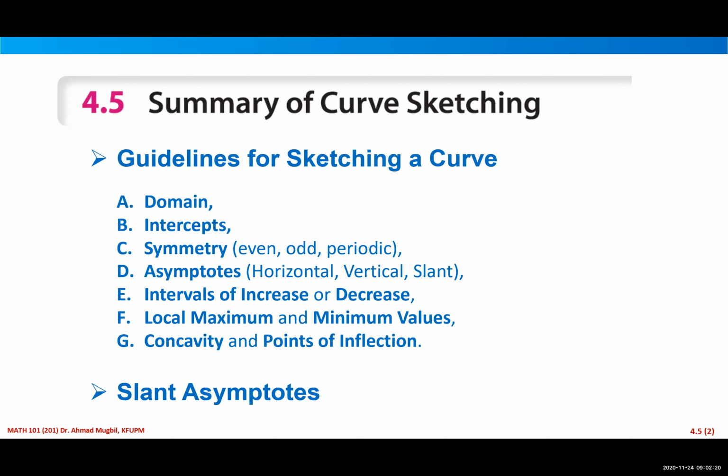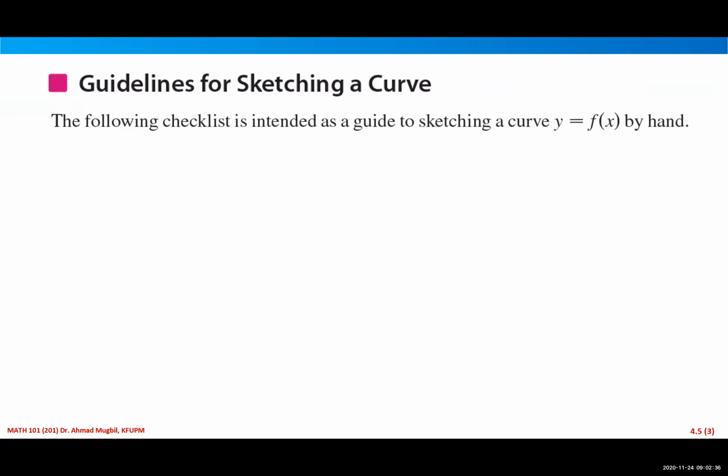And of course, the intervals of increasing and decreasing, local and also absolute if you can, local and absolute maxima and minima. And of course, the concavity and points of inflection.